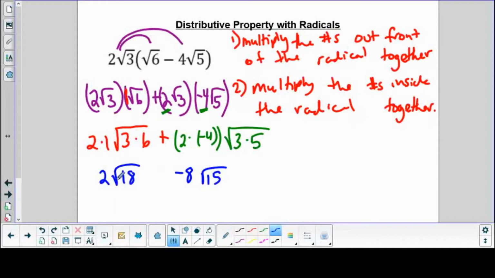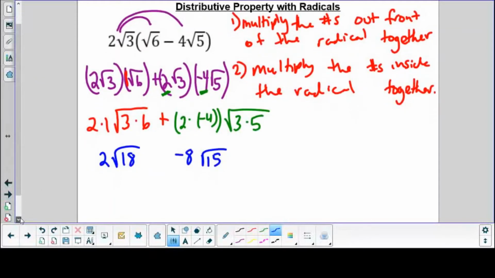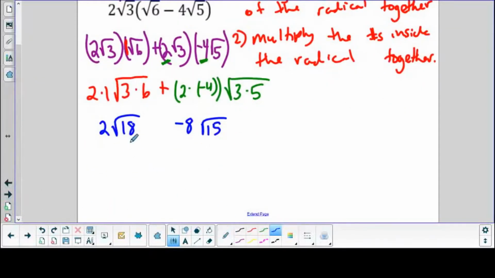Next, you want to simplify this a little bit. We can reduce 18. 18 is divisible by 2. 2 times what is 18? 2 times 9. Can we split up 9? Sure we can. It's 3 times 3.